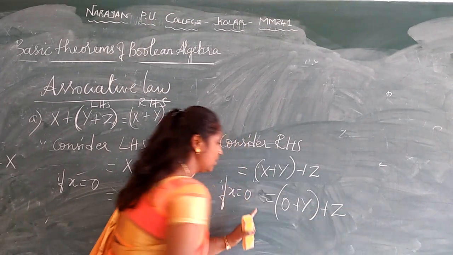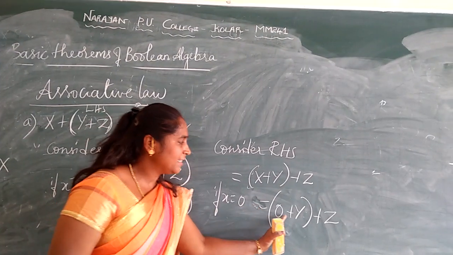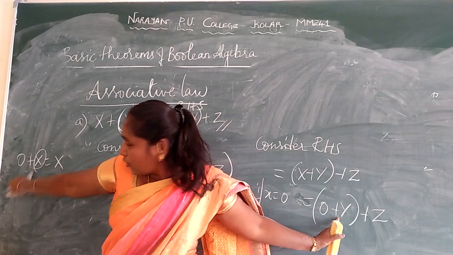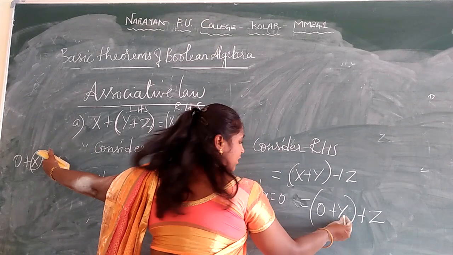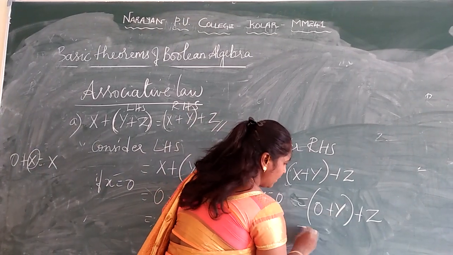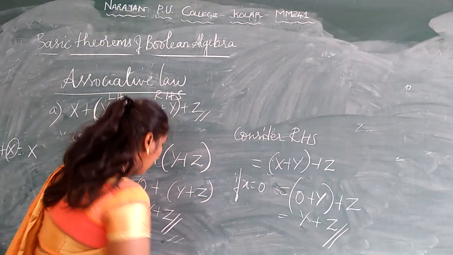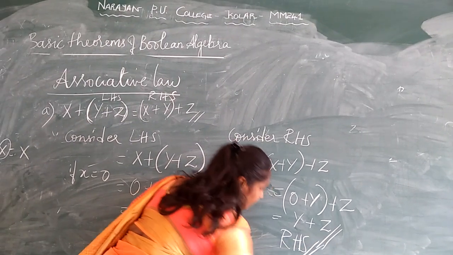So again use the property 0 plus x is equal to x. Here 0 plus y is nothing but y, in place of x it holds y. That is y plus z. So your LHS is proved equal to your RHS.